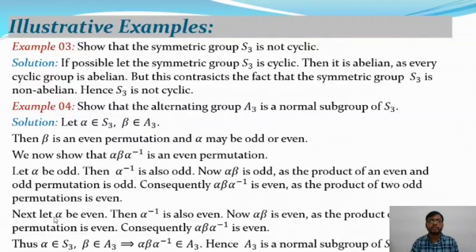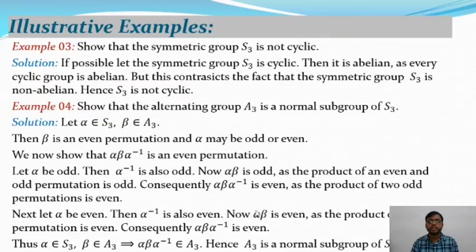Next let alpha be even, then alpha inverse is also an even permutation. Okay, so now alpha dot beta is even. While alpha is an even permutation and beta is also an even permutation, their product is an even permutation. As well as alpha inverse is an even permutation. So alpha beta is even, alpha inverse is even.